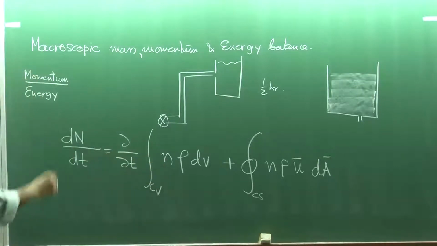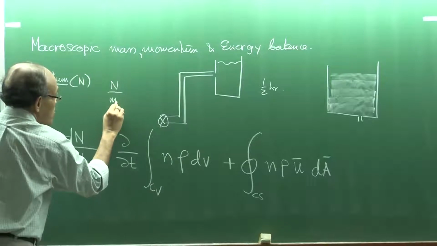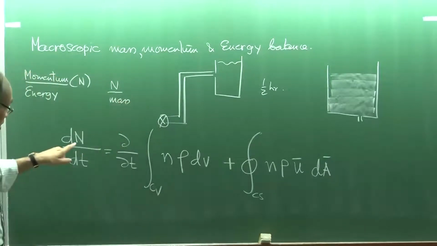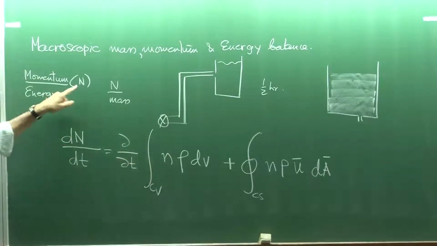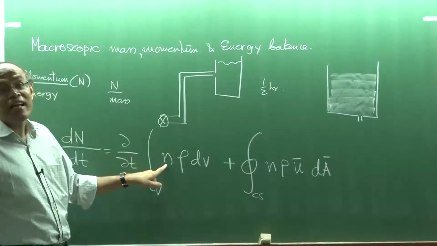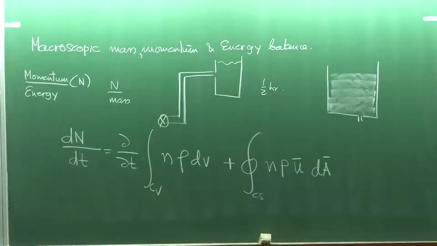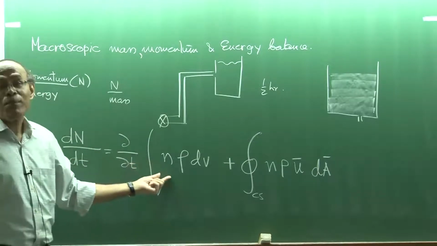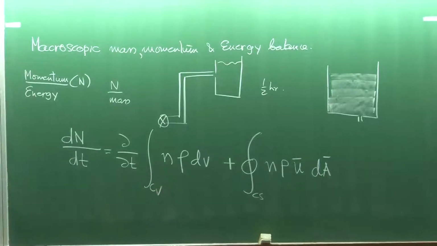This small n means N divided by the mass, so it is the N per unit mass. Therefore, if N represents momentum, small n will represent the velocity in the system. On the other hand, if you have energy here, then small n will represent the specific energy or energy per unit mass and so on and so forth.